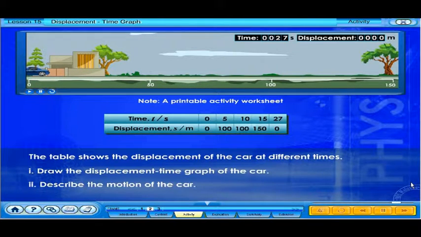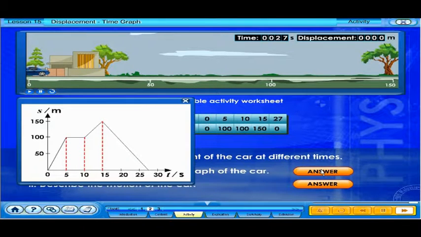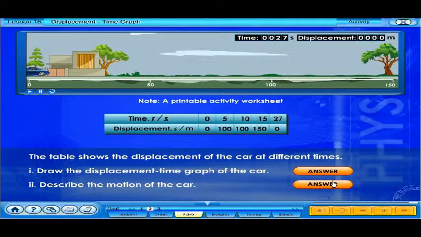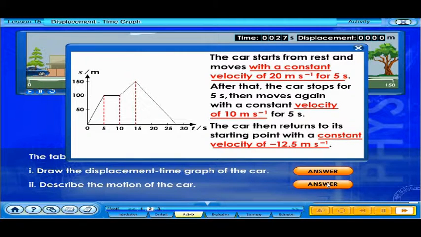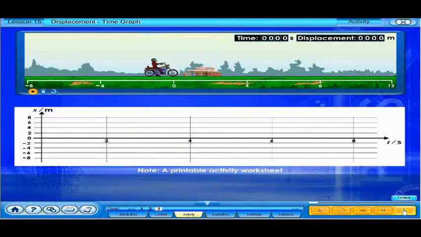Describe the motion of the car. Click the play button.